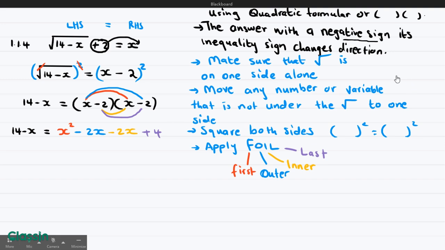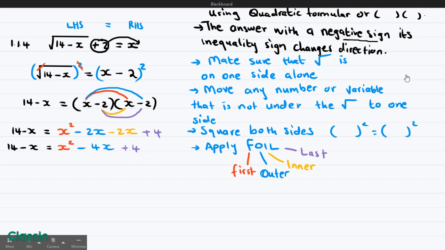Now, when we write this, it means that on the left we have x squared, 14 minus x is equal to minus 2x, the same as minus 4x, and then plus 4.